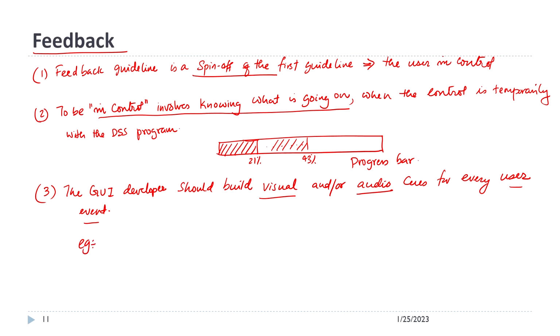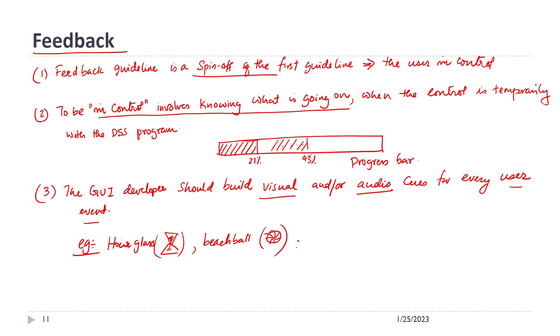Some examples of this, what are some of the examples? Hourglass, you might have seen this kind of a design, and it shows that I am busy. Okay. Or the beach ball, this is more like a Mac thing, a ball with multiple colored disks rolling around. Okay.